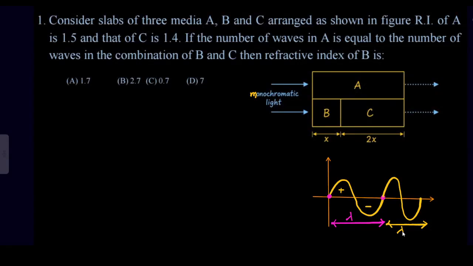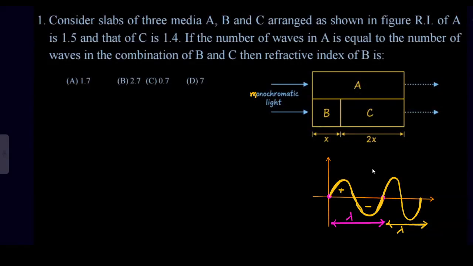From here to here is one wave, a combination of positive cycle plus negative cycle.